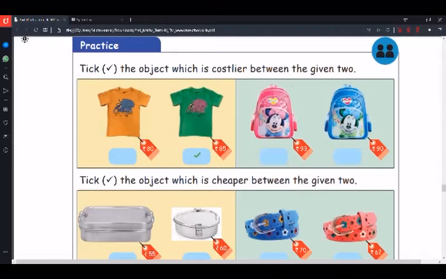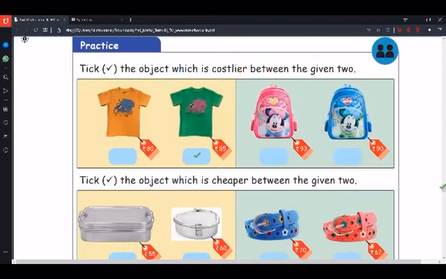The next one, look at the bag there. The pink one is 93 rupees and the blue one is 90 rupees. Here, the pink bag is 9 tens plus 3 ones, 90 plus 3. Here, the blue is 9 tens only.